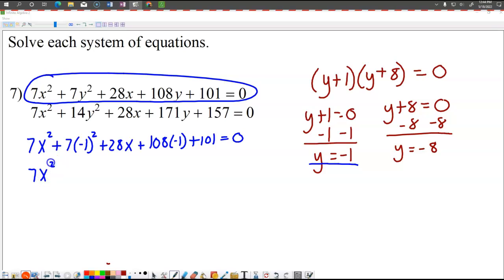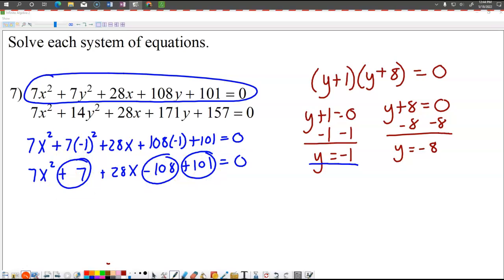I've got 7x squared plus 7 plus 28x minus 108 plus 101. I can combine all of these together. Let's see, what would that be? Actually, they cancel each other out. Adding all those up, it's kind of convenient.